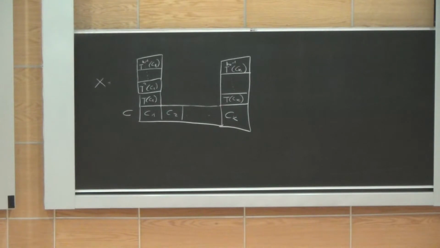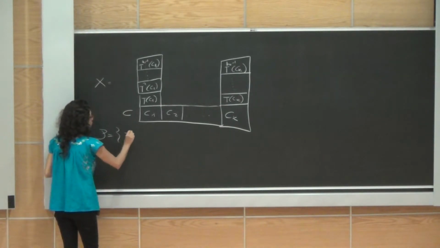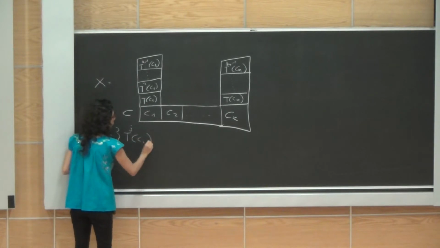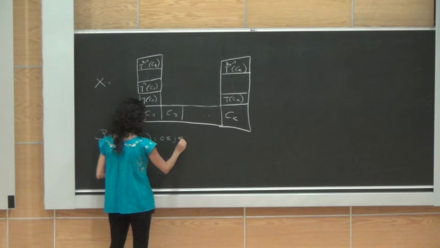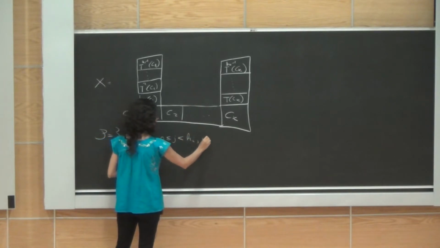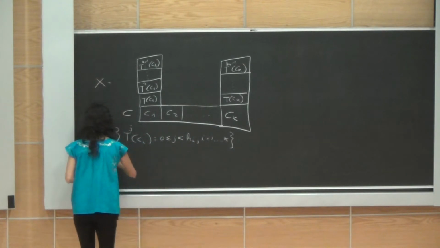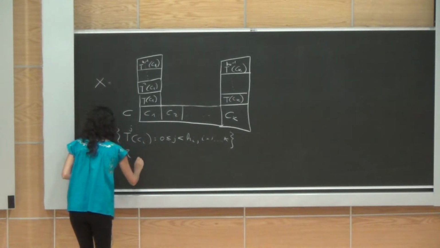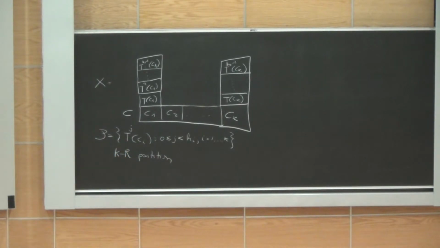And this is called a Kakutani-Rokhlin partition. So every time that you have a minimal Cantor system, you can construct this.